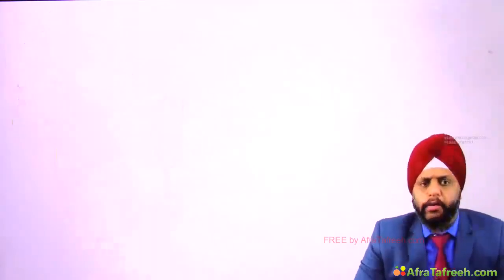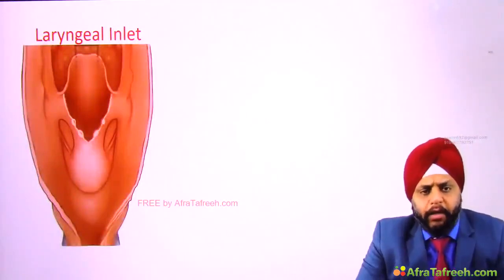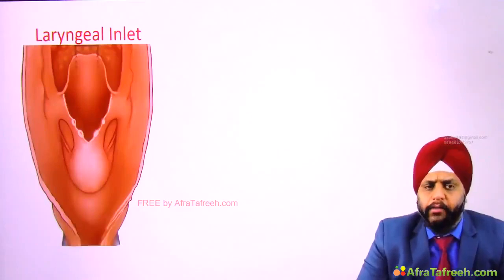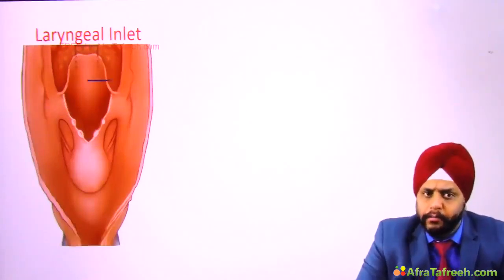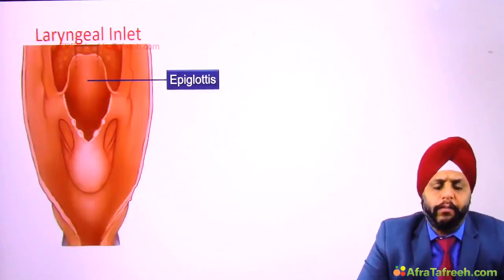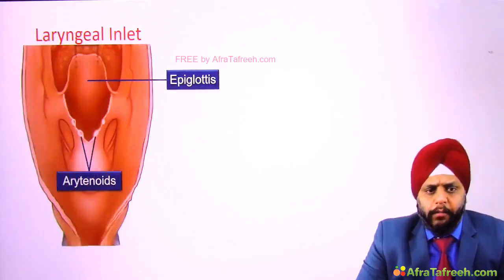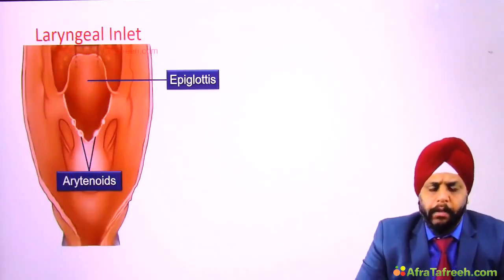So let's talk about the laryngeal inlet. Again, this photograph we have done in the hypopharynx, so once again we are revising it. What structures form the laryngeal inlet? Number one, anteriorly we have the epiglottis. Posteriorly, we have a pair of arytenoid cartilages.